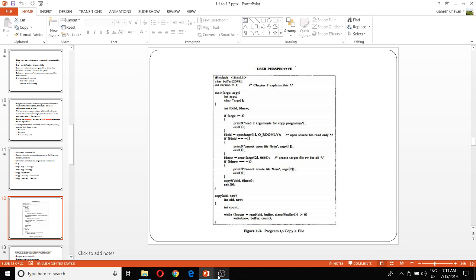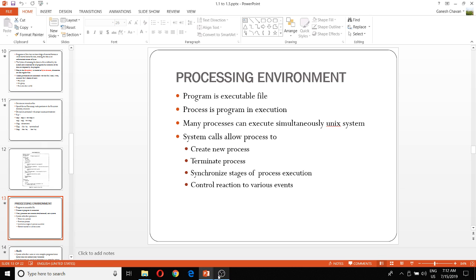And finally, during the copy subroutine, the read system call is used, and the read system call contains three parameters: the file descriptor, the buffer, and the size of the buffer. Operating on these three parameters, the contents of the older file, or the first file, are copied into the second file. Now, let us talk about the processing environment.